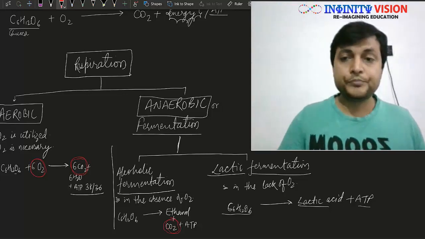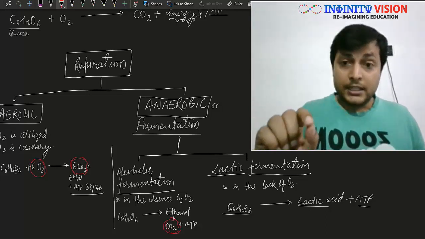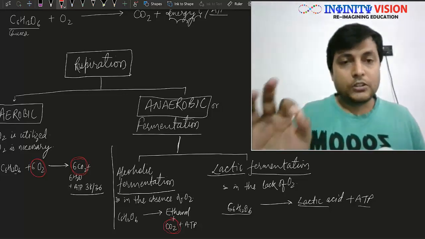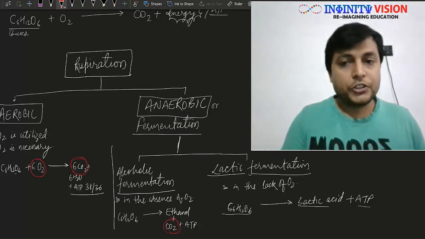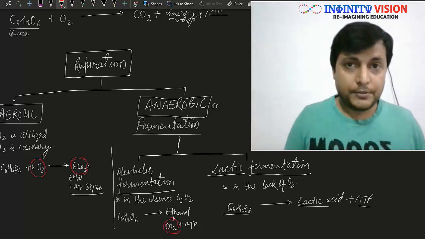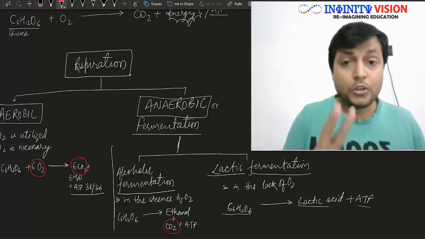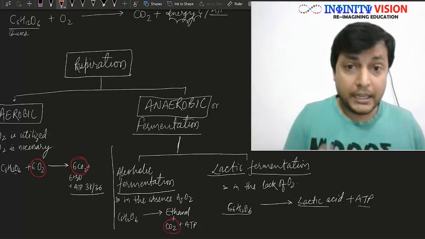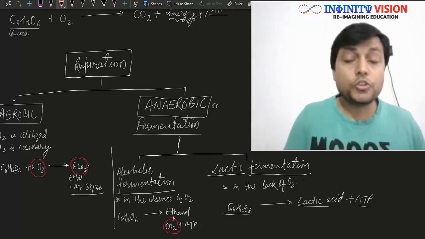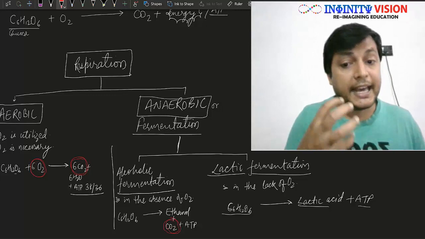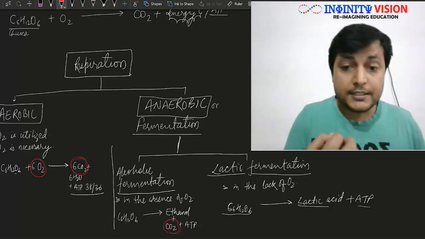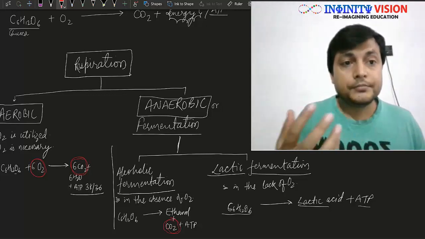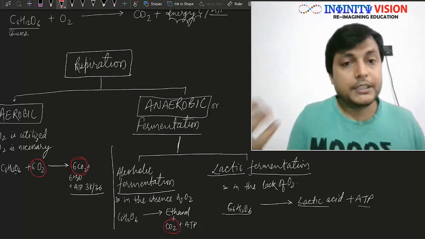Great. Now, if an organism is doing aerobic respiration or alcoholic fermentation, in both cases the organism will produce CO2 as a byproduct, right? And this CO2 we can detect. Detecting this CO2 is a kind of detection of respiration.